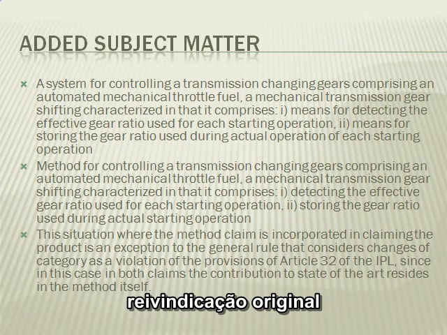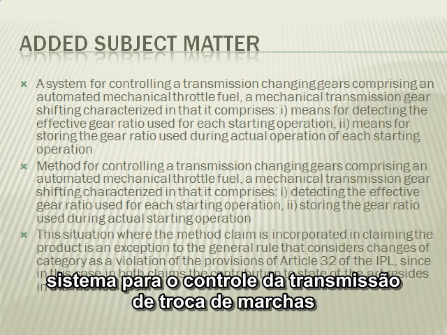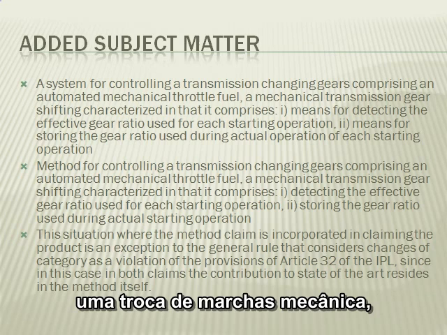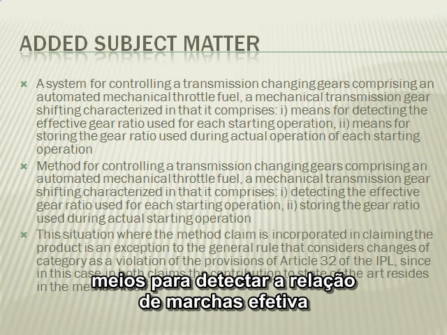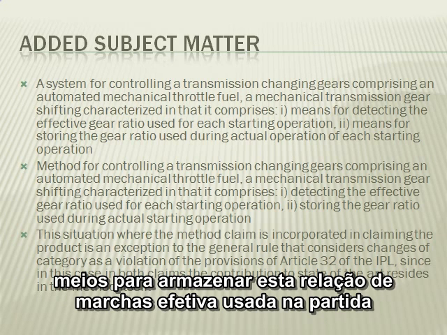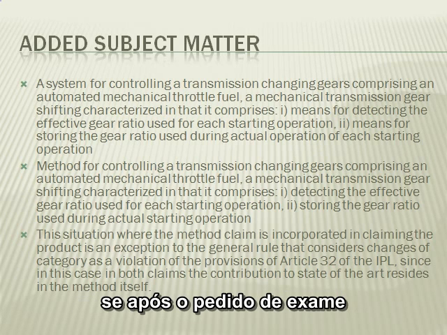Another example, original claim. System for controlling transmission changing gears, comprising automated mechanical throttle, mechanical transmission gear shifting, characterized in that it comprises means for detecting the effective gear ratio used for each starting operation, means for storing the gear ratio used during actual operation of each starting operation.